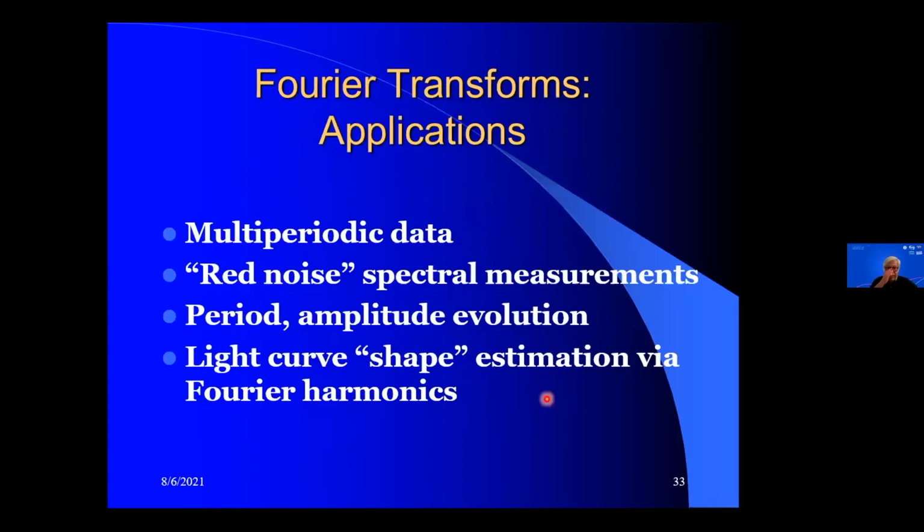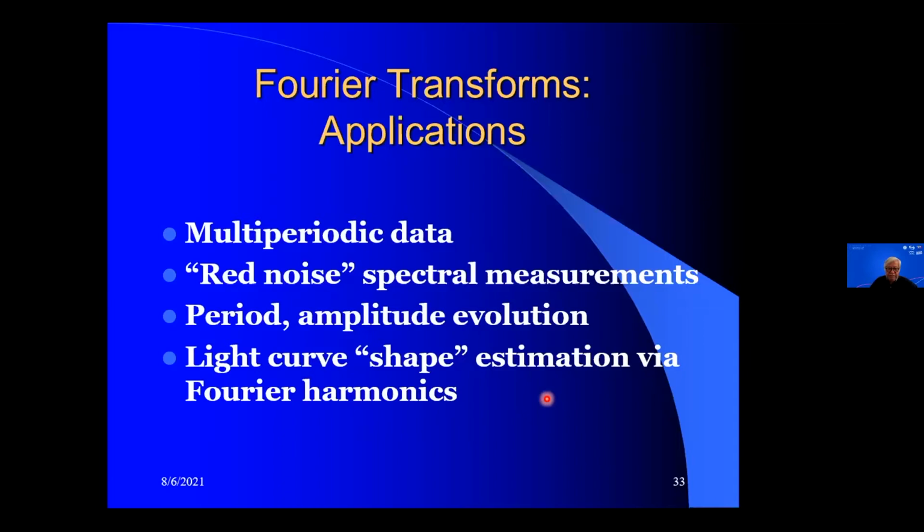So the application of Fourier transform has been expanded and modified from time to time. It can cope with multi-periodic data. People in asteroseismology and helioseismology still use Fourier transform, but modify it to handle multi-periodic data. For spectral measurement, people use the Fourier transform to filter red noise. Getting the amplitude and period of evolution also uses the Fourier transform.